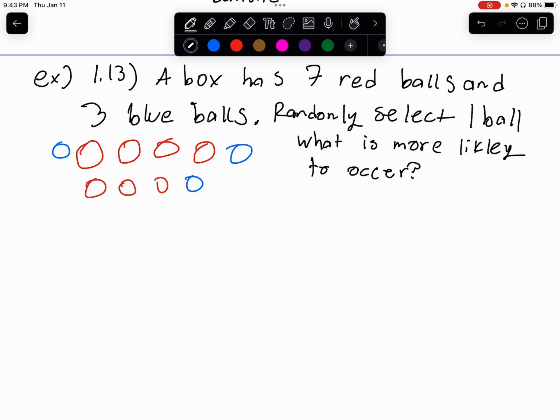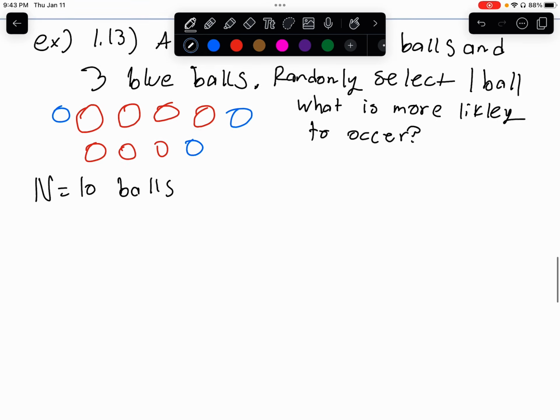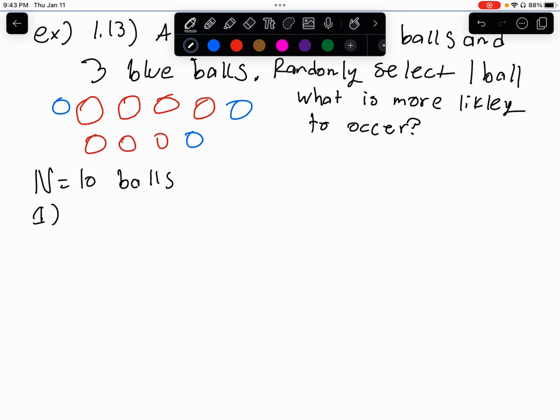So in this scenario, our population is 10 balls. Right? We have population 10 balls in this box. Our sample is the red and blue balls. So in this first part of the question, we can answer it. I'm going to answer it in pink right now. Basic probability we've done from high school, even elementary school. Out of all these 10 balls, because we have 7, the probability is 7 out of 10.